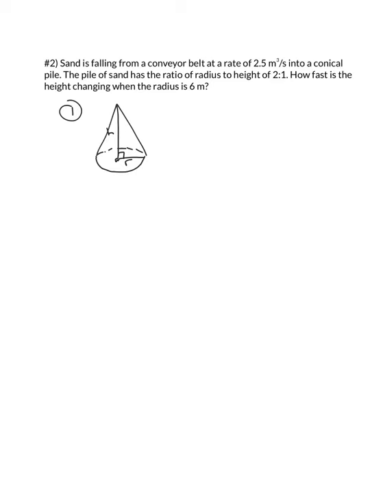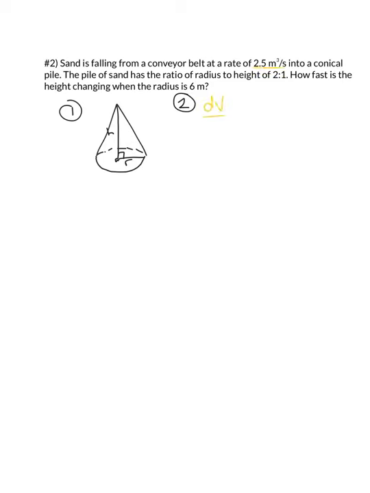So the first thing that we did is draw this diagram, just a conical pile. I've labeled my H and my R. Sorry, my drawing skills are not that great, especially on an iPad with a stylus. The second thing that we're going to be doing is writing down all of the information that we know. So we know a couple of things. We know that it's falling from the conveyor belt at a rate of 2.5 meters cubed per second.